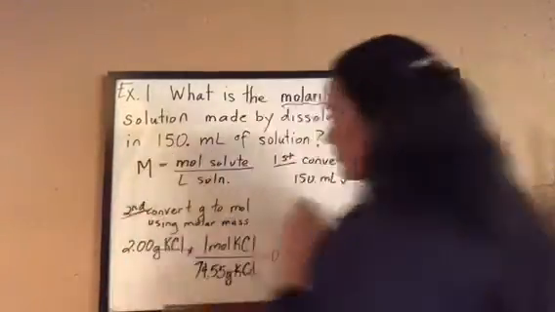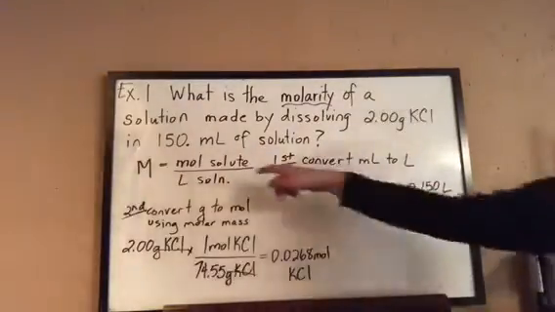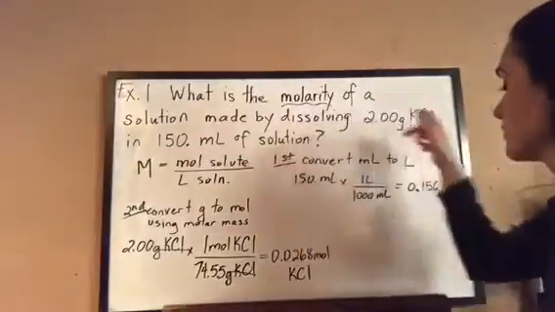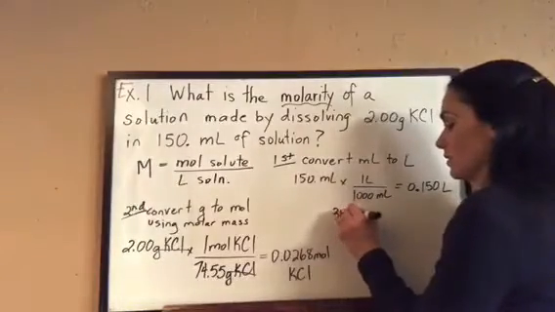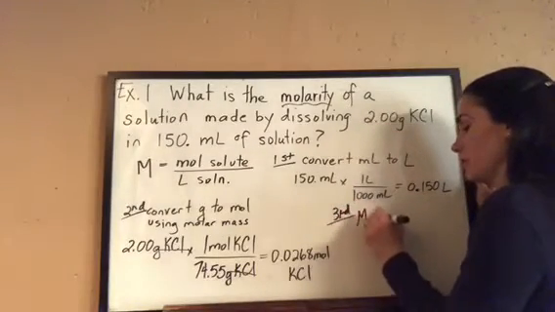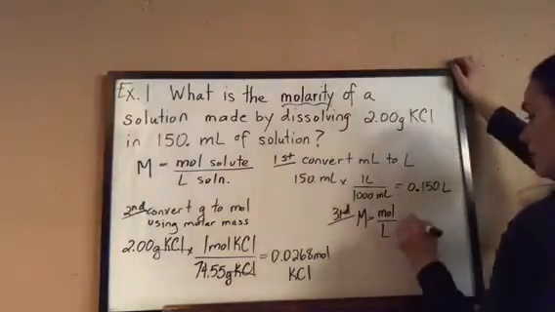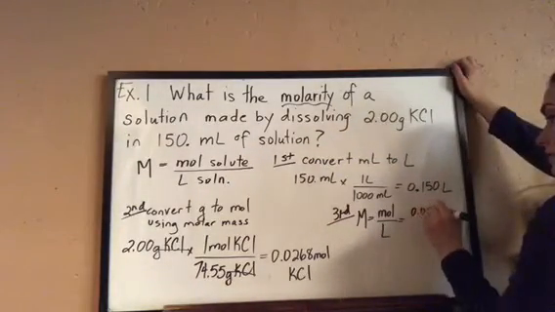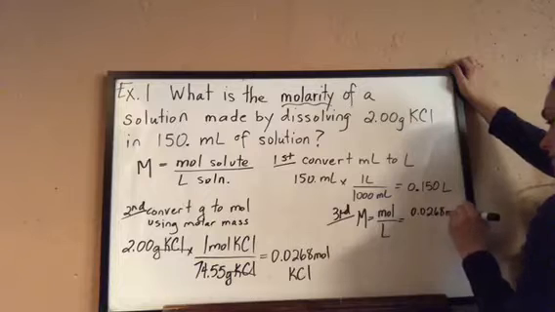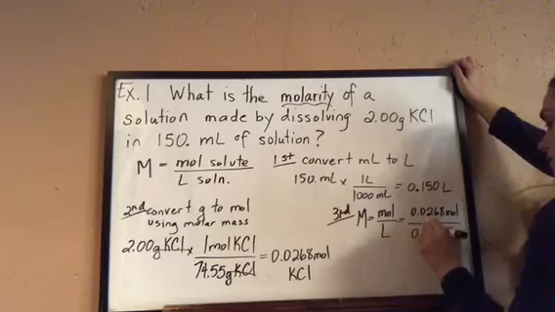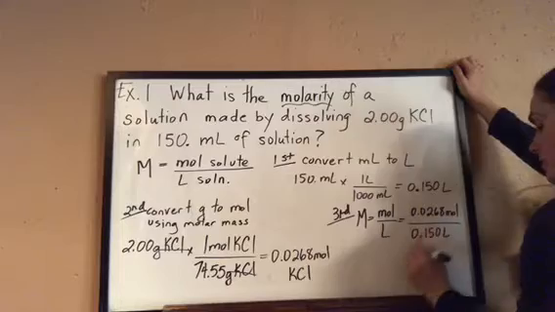Okay, well now we have what we need to find the molarity, to find the molar concentration of this potassium chloride solution. So the third step would be to find the molarity, moles over liters. Okay, well we have 0.0268 moles over 0.150 liters.